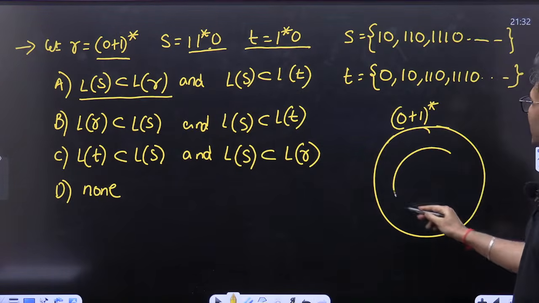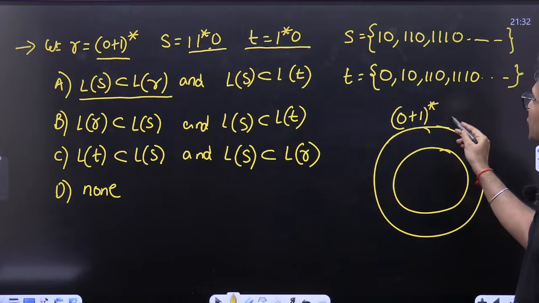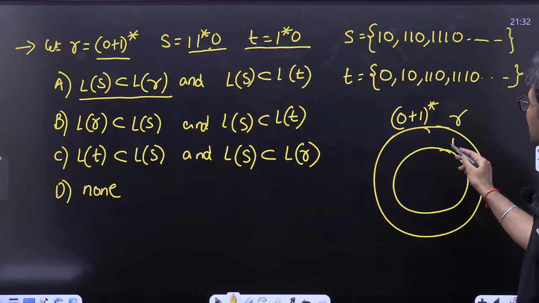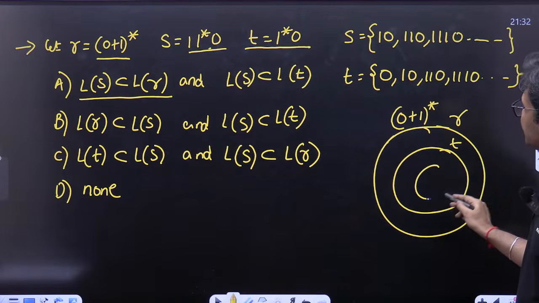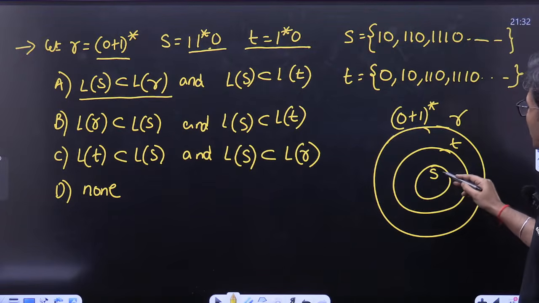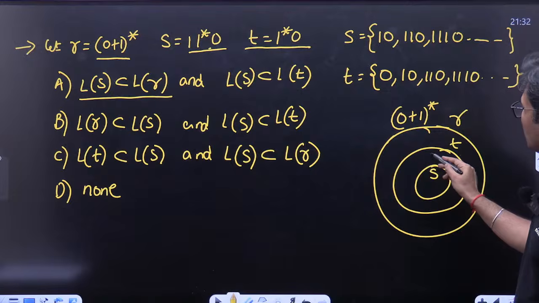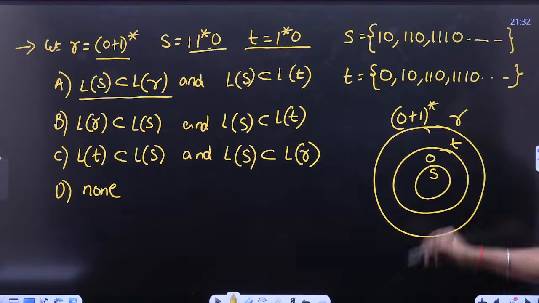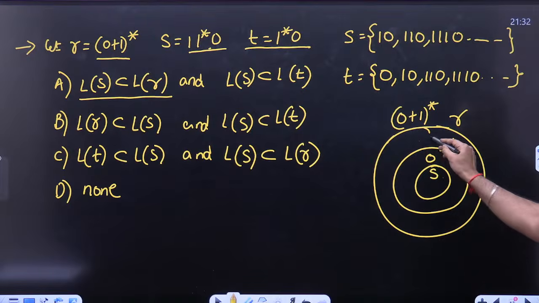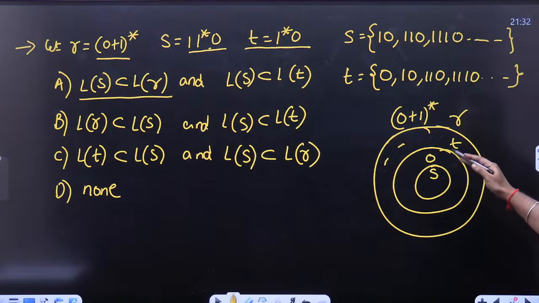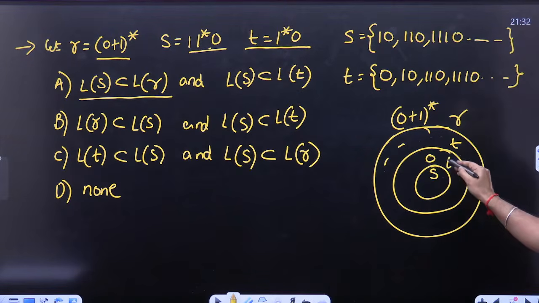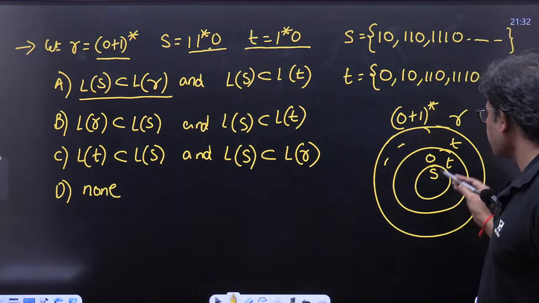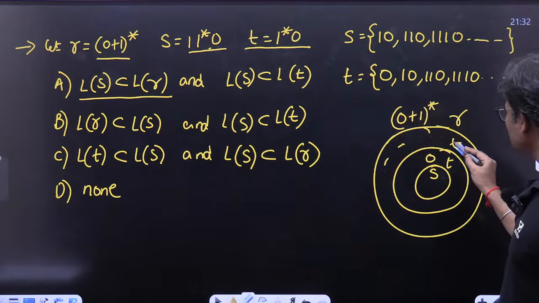Inside, this is R, this is T, and this is S. What is the difference between S and T? Only 0 is the difference. T has 0, S doesn't have 0. And here there are many strings which are not in T. Let me write T here. So this is the relation.